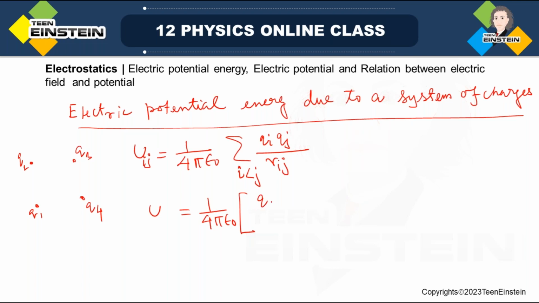So Q4, then Q3, divided by, so this I have taken 4, this I have taken 3. So this will be r43, that means the separation between charge 4 and 3, this one. Okay, plus if I write this 3, then it must be 2, and this is r32.